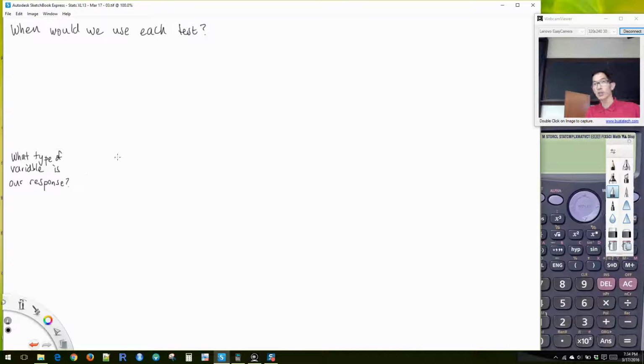The response is basically the variable that we're performing inference on. We want to know what type of variable this is, because if it's categorical versus numeric, our choice of inference methods will be different.